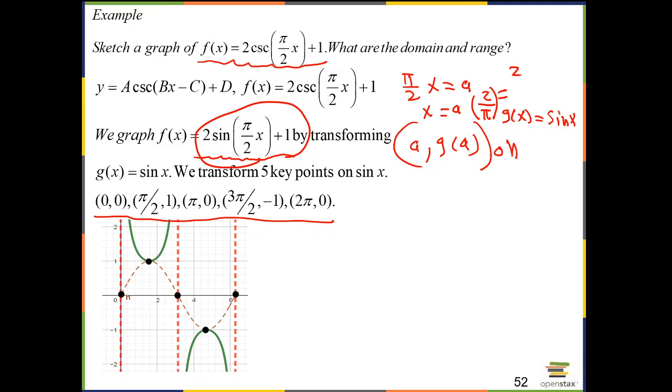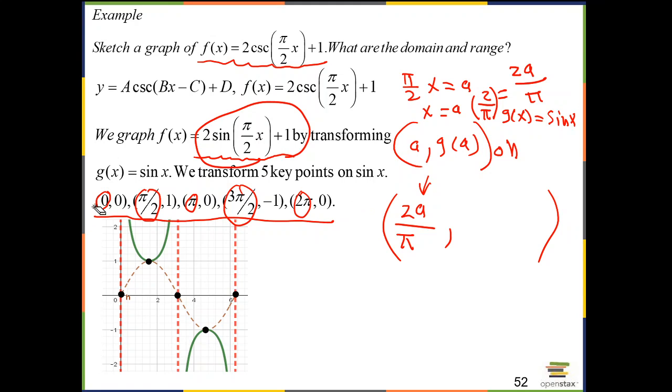So it's basically 2a over pi. So I know that this x goes to 2a divided by pi. So all the x coordinates, I can easily transform using this formula.